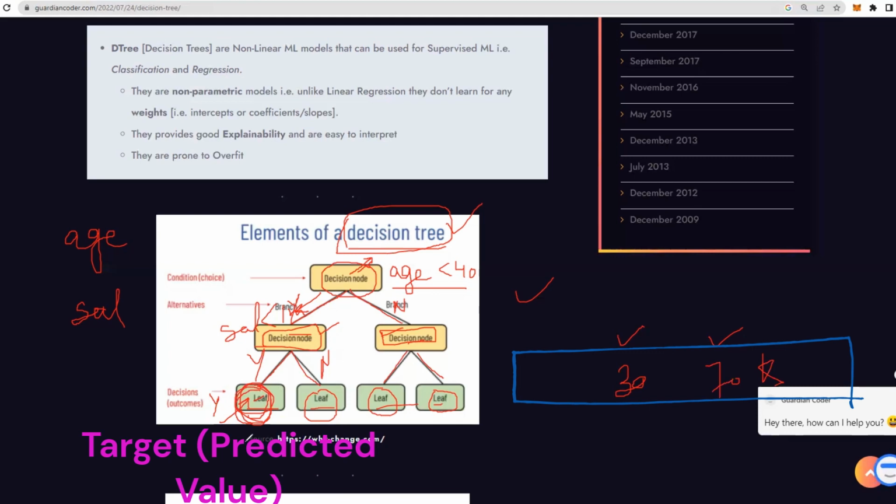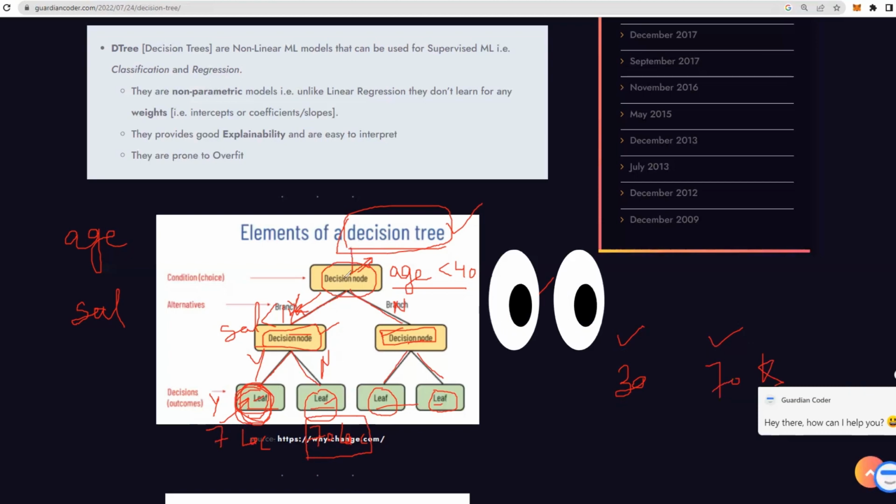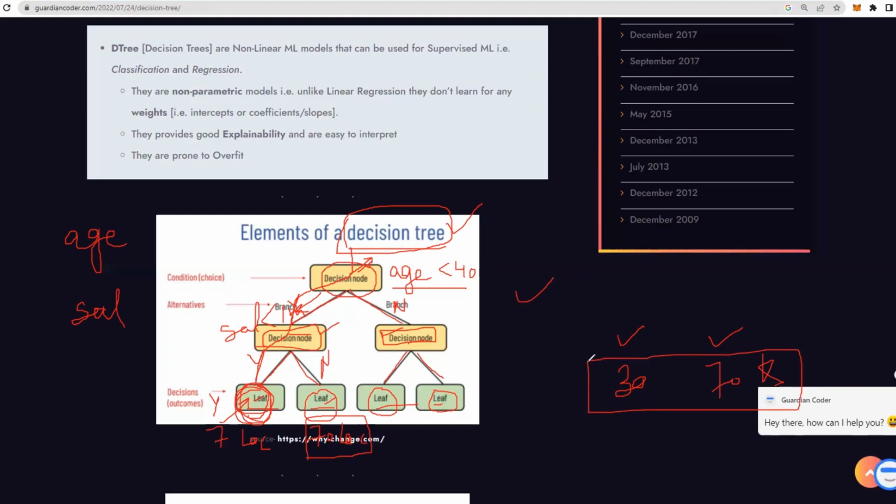But in case of regression, let's say here we have the value that this person is eligible for a loan of, let's say, 7 lakhs, while another person is eligible for, let's say, 70 lakhs. Ultimately in the leaf node, we will have the desired output. So we will be tracing the tree based on the features of a given person.